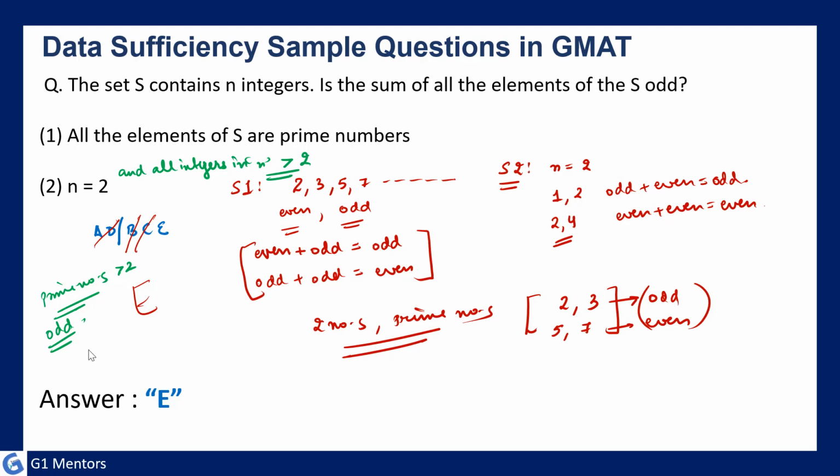And there are two integers, so it will always be odd plus odd. In this case, the answer choice would have been C, whereby combining statements 1 and 2 we can get the answer.